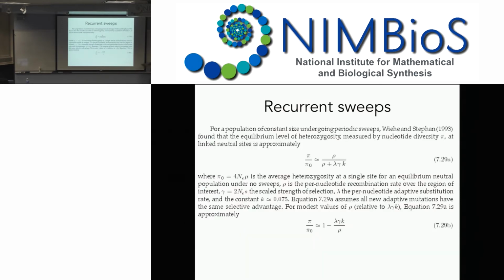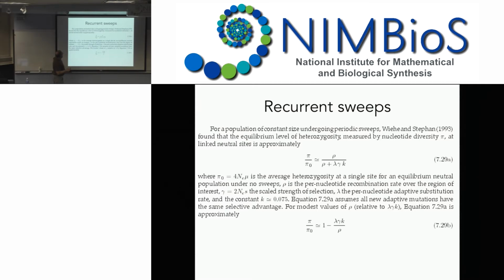So you can work out, and Wolfheim-Stephan was one that worked out a bunch of this stuff. You can look at what the level of diversity would be without a sweep and what it would be with recurrent sweeps. So some simple formulas you can get. So here's one formula. Rho here is basically the average recombination rate.